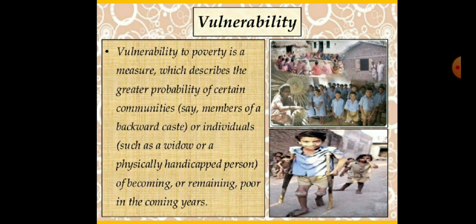And the next concept is about vulnerability. Vulnerability to poverty means more chances to become poor. This describes the greater probability of certain communities becoming poor, like members of backward classes, individuals like a widow, a physically handicapped person, and children belonging to a lower caste.